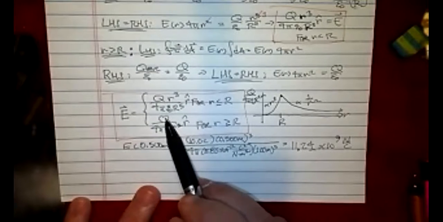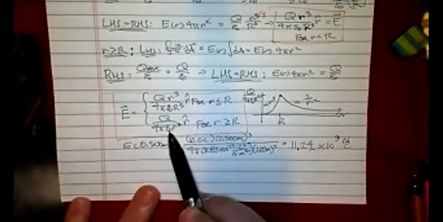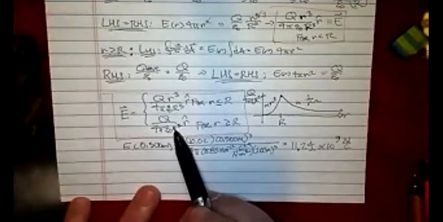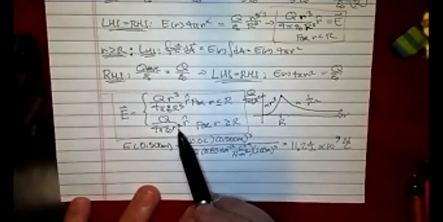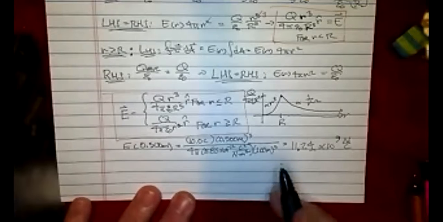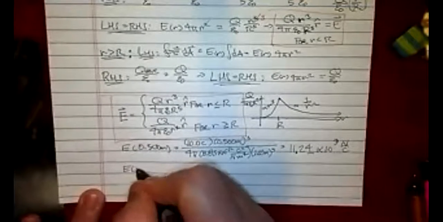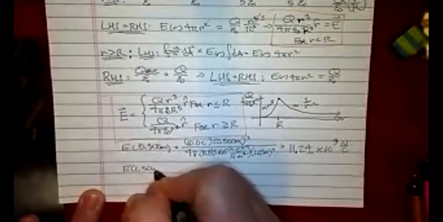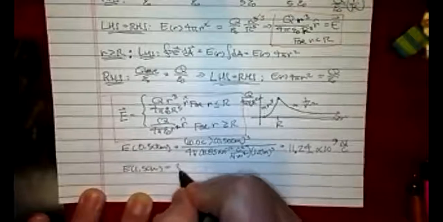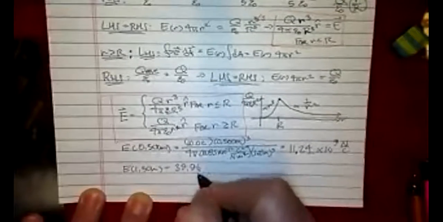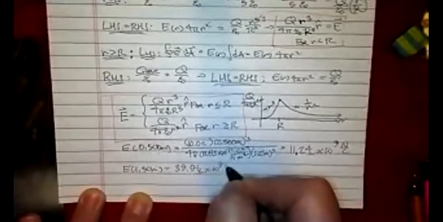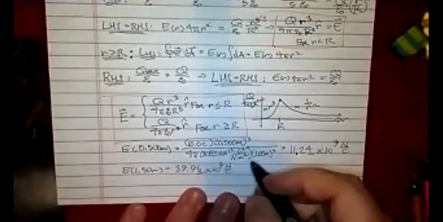So all you have is 10 coulombs, 8.85 times 10 to the negative 12, and then 1.5 meters squared down here. So that ends up being E of 1.50 meters is equal to 39.96 times 10 to the 9th newtons per coulomb.